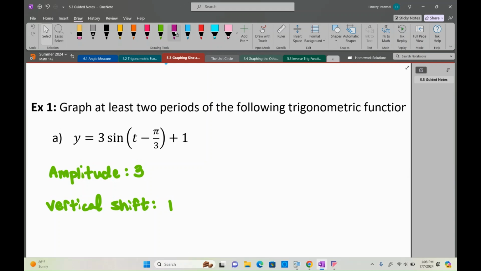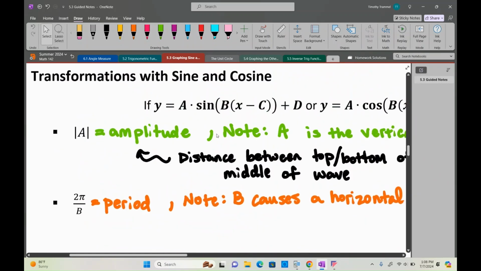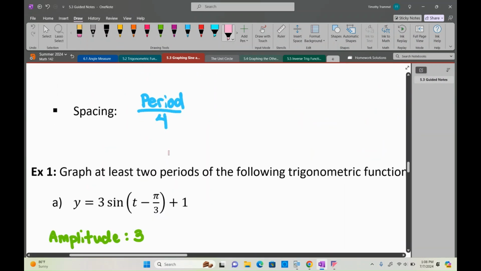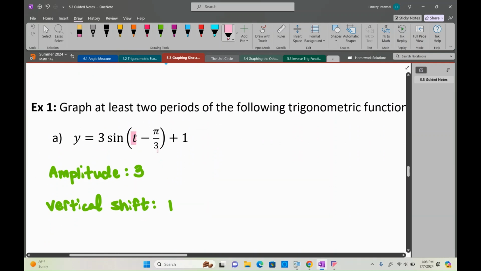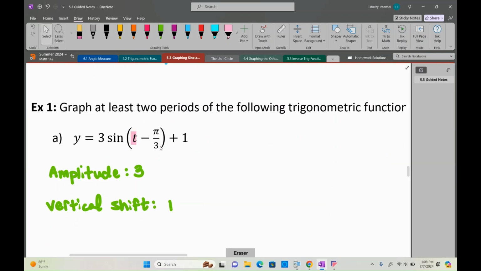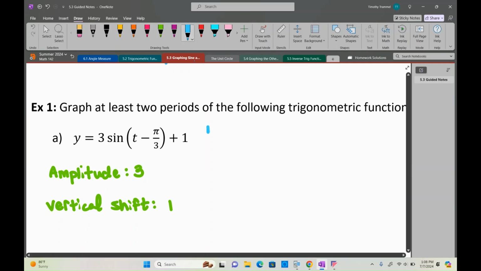B up above was the number in front of the x. And what you'll notice here is, for one, we don't have x's, we have t's, but there's nothing in front of this t. So our b here is actually a 1, which implies that the period is unaffected.